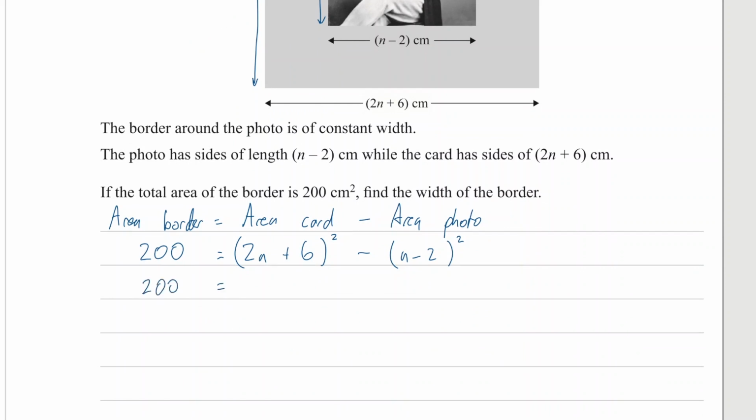So let's go about expanding that out and solving it now. 2n plus 6 squared, I'm just going to write it out in full. By full, I mean write 2n plus 6 two times, just so I don't forget to multiply out the middle terms. That's a very common mistake.